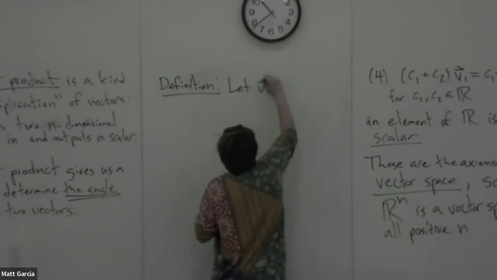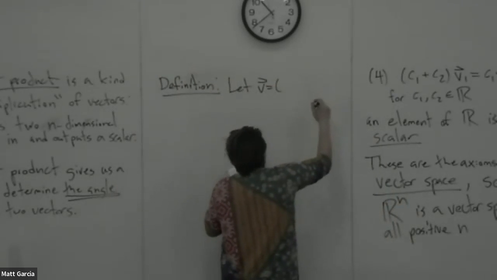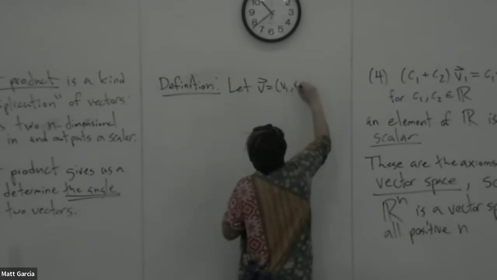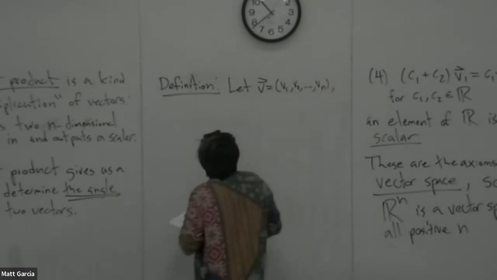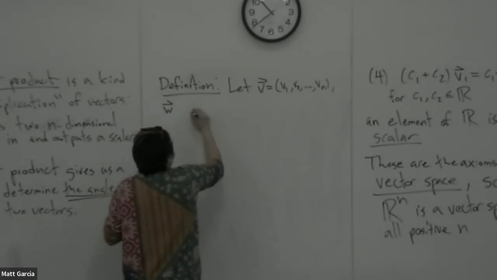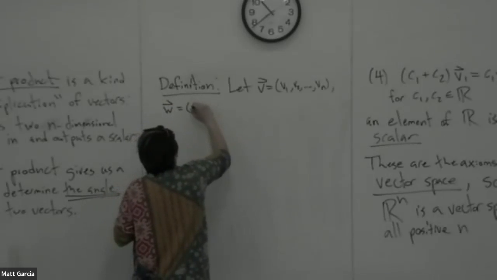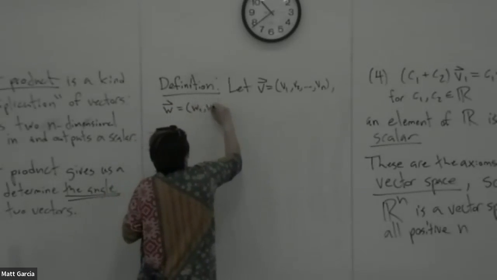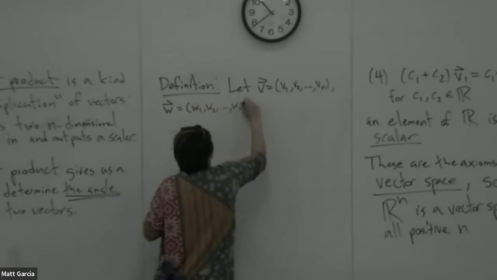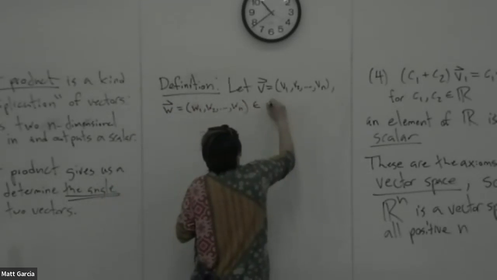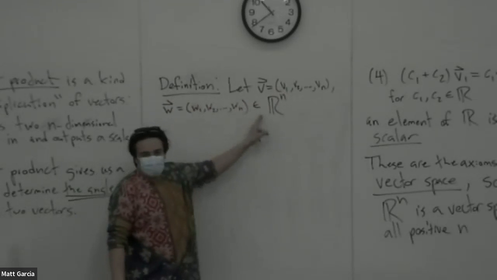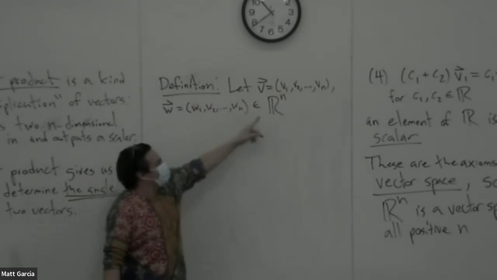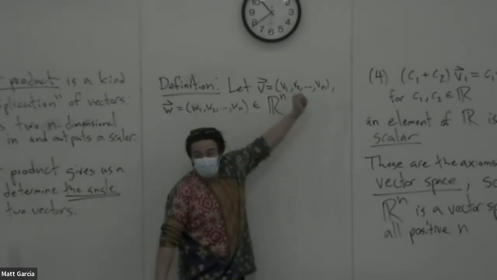Let's let v hat be given by components v1, v2, all the way up through vn, and w hat be given by components w1, w2, all the way up through wn, both of which are elements of Rn. Right? This is somewhat redundant. I say they're elements of Rn, but you knew that already because they both have n components. Okay?